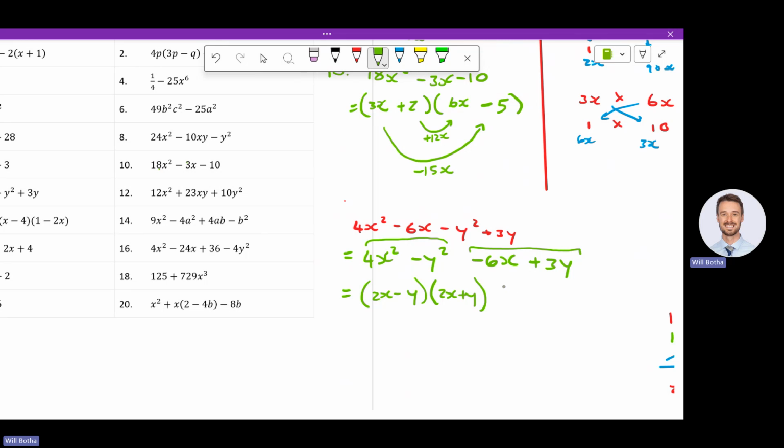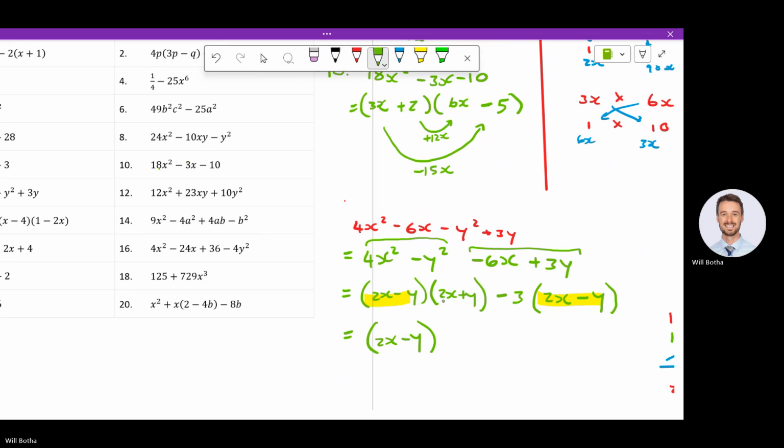What can I factorize? I'm going to factorize a negative 3. And I'll be left with positive 2x minus y. Why is this amazing news? Because this bracket and this bracket are identical, and I can factorize out that bracket.